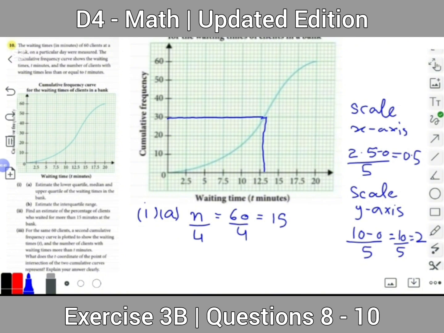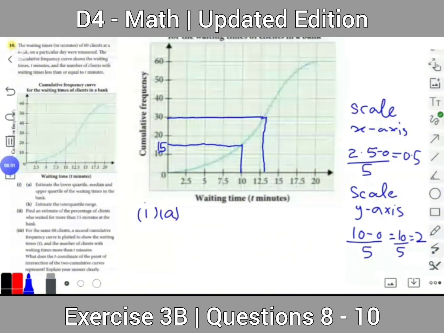So between 14 and 16, somewhere we have 15. Now from 15, we will draw a horizontal line until it touches the cumulative frequency curve. Now from the point of intersection on the curve, we will draw a vertical line until it touches the x-axis, where we have 10 minutes. So the lower quartile Q1 is equal to 10 minutes.